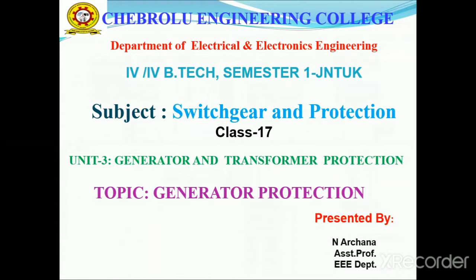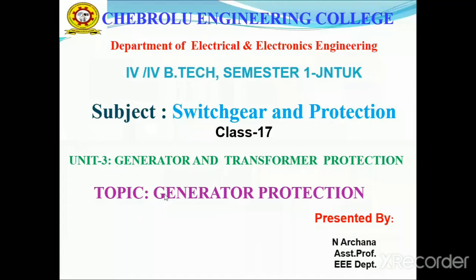The generator is not a single equipment. It consists of transformers, bus bars, excitation systems, prime movers, voltage regulating equipments, and also the cooling equipments. The protection of the generator is to be coordinated with the associated equipments.